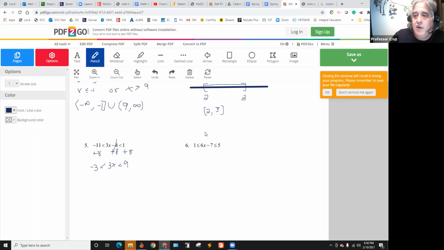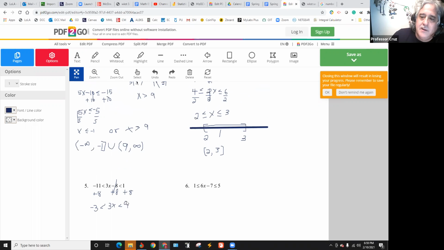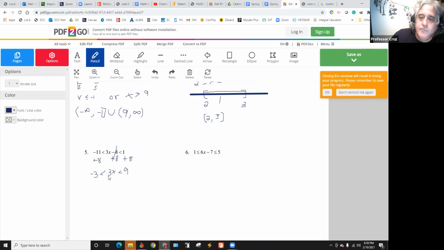Here's that same thing I did about getting rid of that, to counteract that 2x, I divided everything by 2. So here it's a 3, so I'm dividing everything by 3. So what does that final thing look like?